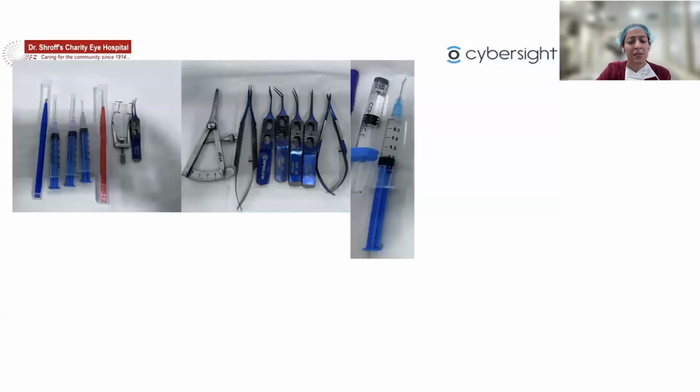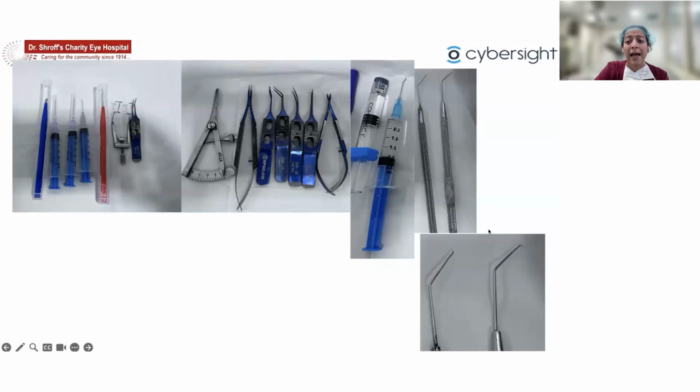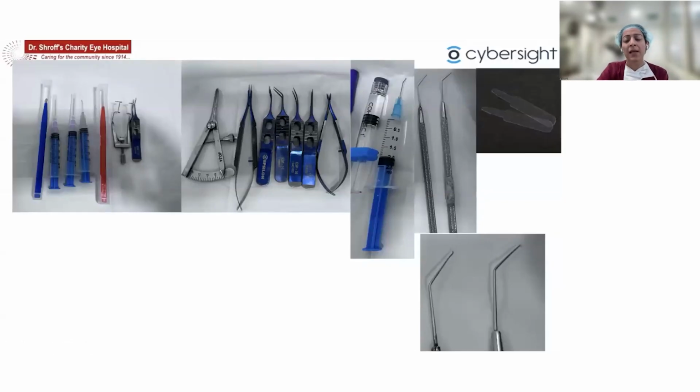Your limbs, McPherson, the suture tying forceps, and the viscoelastic that we use before we put the tissue inside is usually a cohesive viscoelastic, because if any visco goes in, it comes out as a bolus, and you do need some to protect the endothelium. We need a dialer and a reverse Sinskey, which is basically the scoring instrument that we use to do the descemetorhexis and peel off the DM.